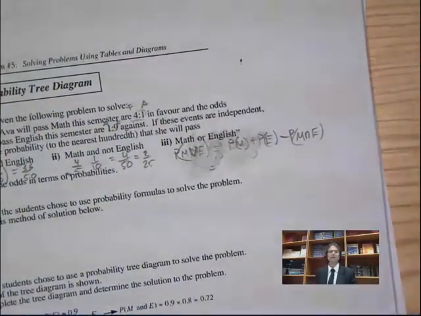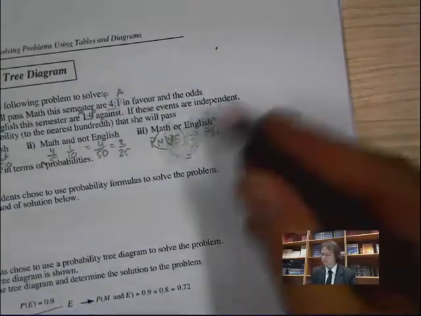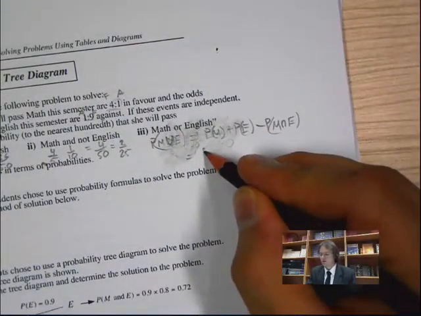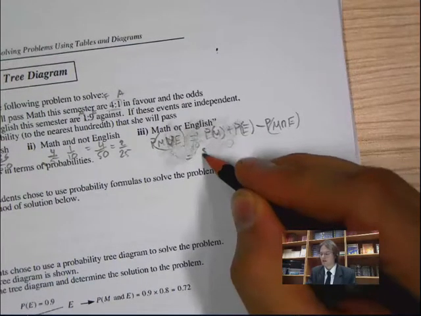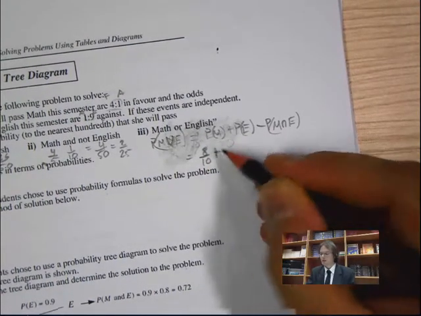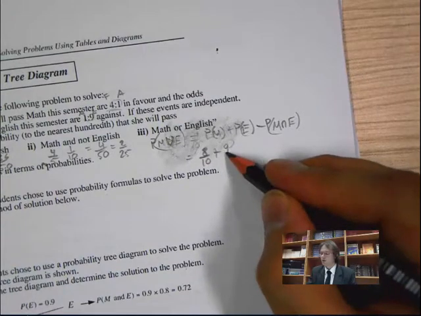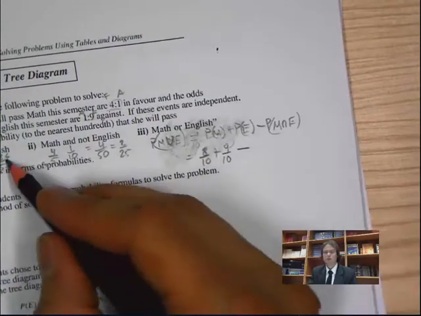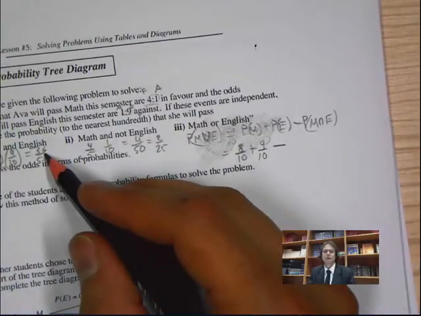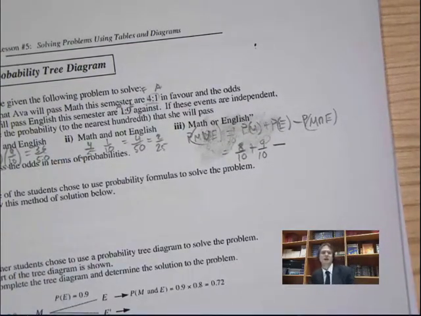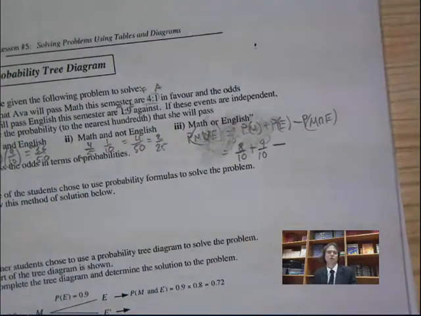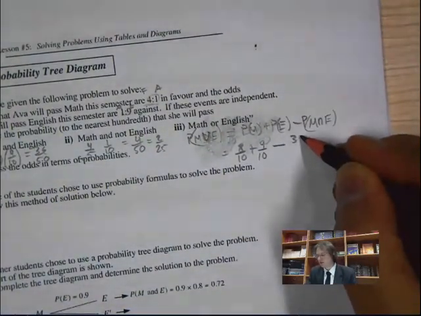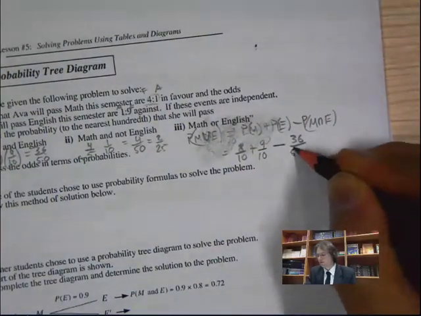So we continue this, and I'm going to end up getting the same thing as we had before, 4 over 5, which is the same as 8 over 10, plus 9 over 10, but then we have to subtract 36 over 50, which we got for math and English, which is the same as 18 over 25. I'll keep it 36 over 50 because it's easier to make a common denominator.